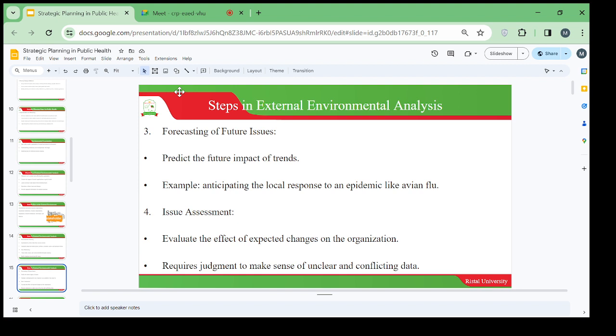With it you evaluate the effect of expected changes on the organization. And this means that you really need to make an appropriate judgment, because often in these situations you don't have complete data on the problem that you want to address. So there is a lot of uncertainty, unclear data, also conflicting data.